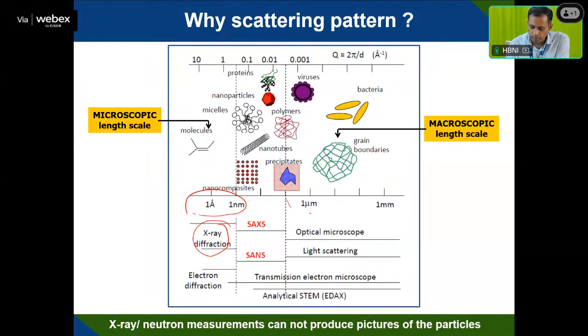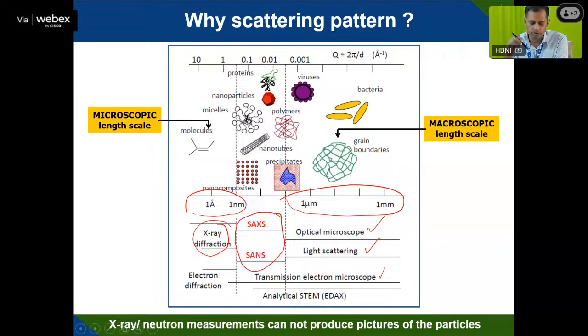Beyond that, in the region of 1 micron to 1 mm, those can be seen by optical microscope, light scattering technique, as well as electron microscopic technique. But if you want to see something between 1 nanometer and 100 or 200 nanometer, there we need the scattering techniques, that is small angle X-ray scattering and neutron scattering.